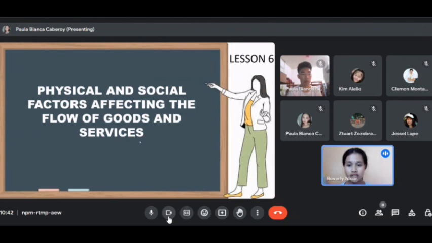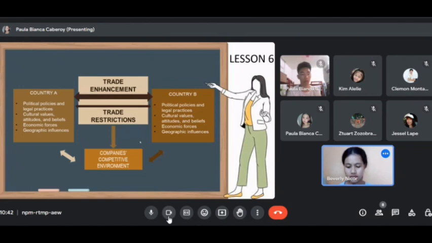Physical and social factors affecting the flow of goods and services. Social and physical factors can have a significant impact on trade protectionism. Social factors such as cultural beliefs, values, and norms can influence a country's stance on trade protectionism.